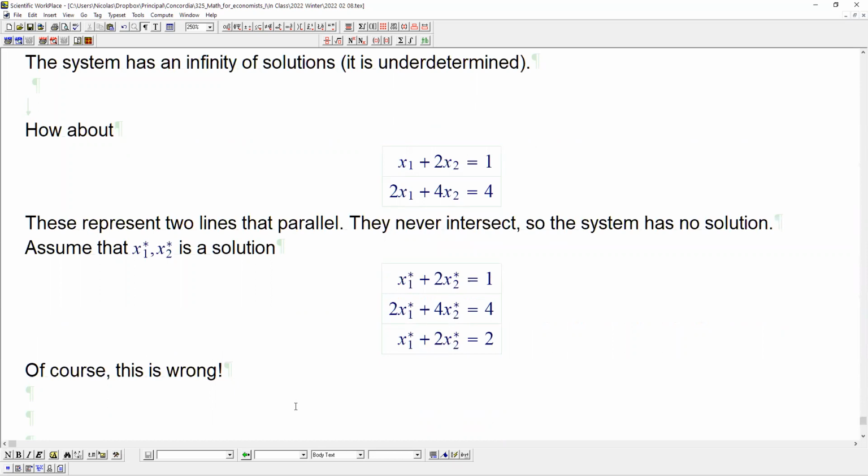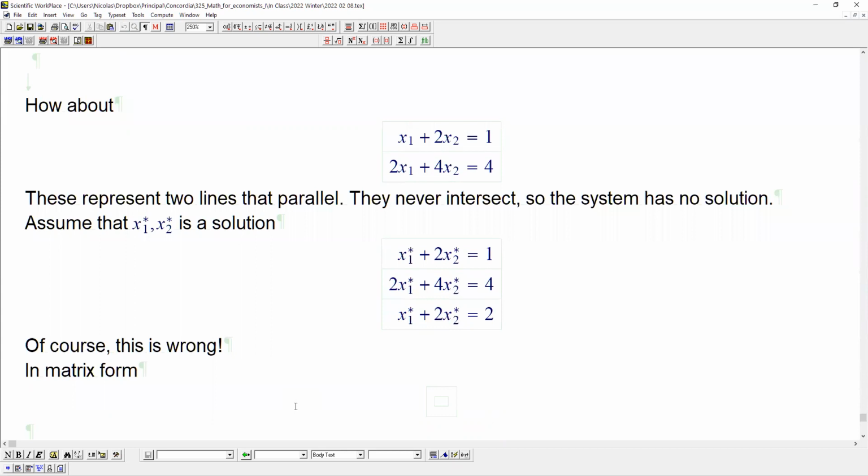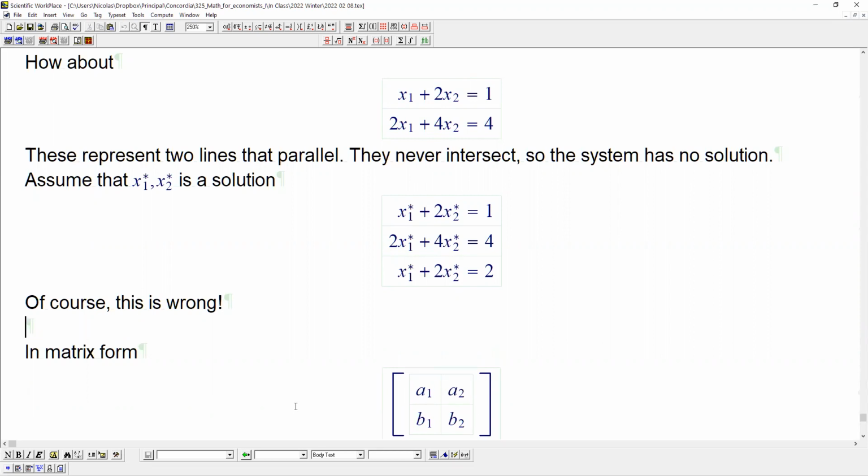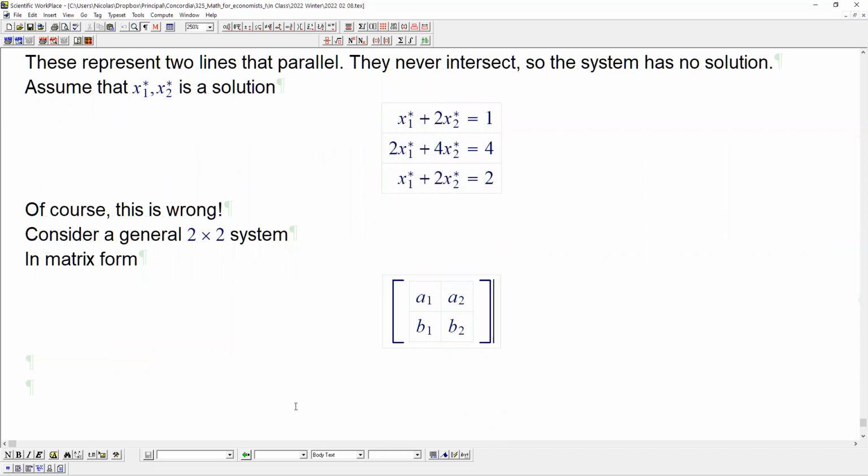So yeah, let's put it in matrix form. Let's go with the general case. So what I'm going to do generally is I'm going to have numbers for rows and letters for columns. B1, B2, times X and Y. Now we're going to see where this is going.